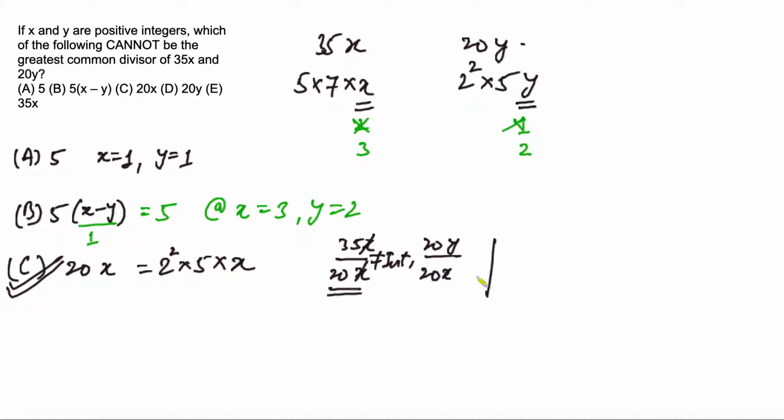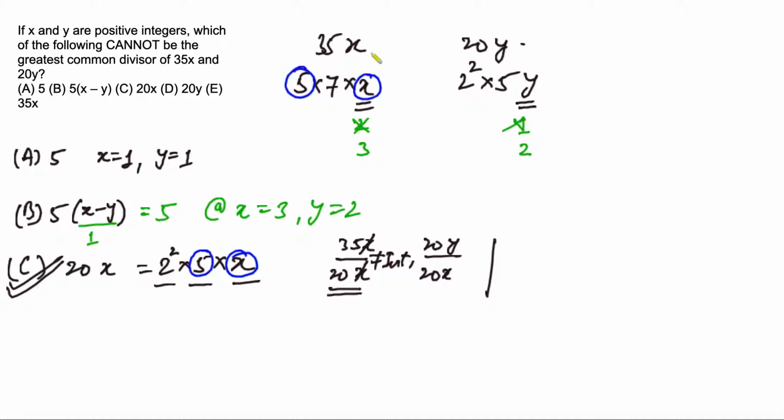The other way to look at it is that the highest common factor is basically the part of a number which can be taken out from all the given numbers completely. 20x is 2 square times 5 times x. When I look at 35x and 20x, x can be taken out from 35x, and 5 can be taken out from 35x.